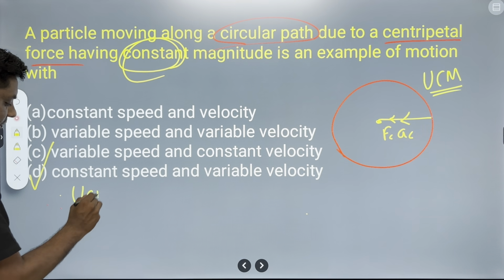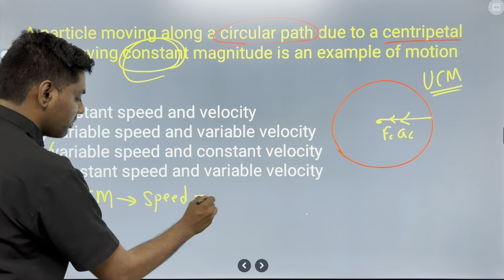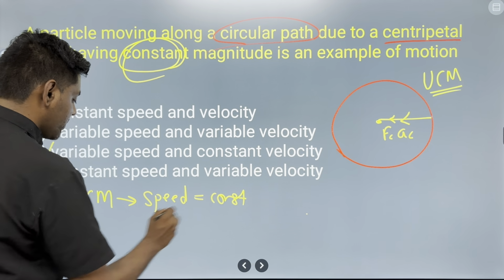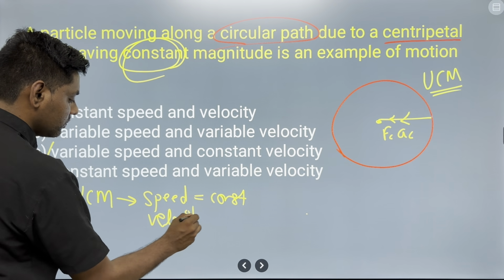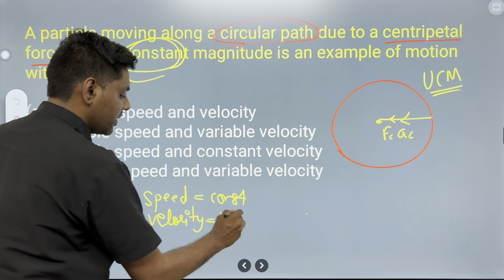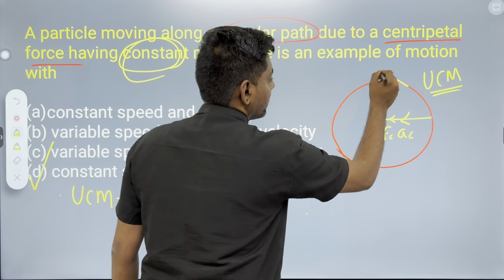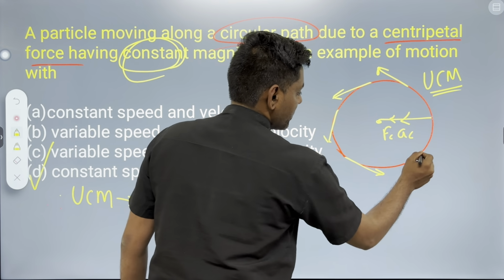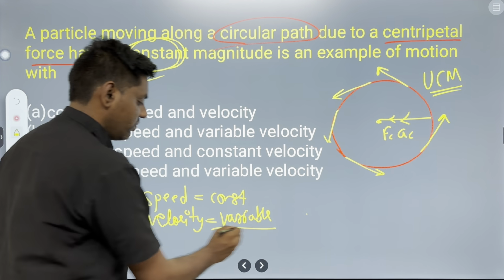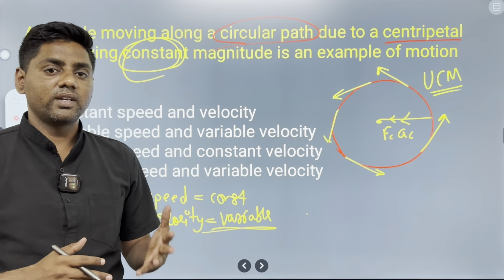In UCM, speed will remain constant, you have to remember, and velocity will be variable. Why is it variable? Because at every point the direction of velocity changes. So therefore it is variable. And also remember that uniform circular motion is accelerated motion.